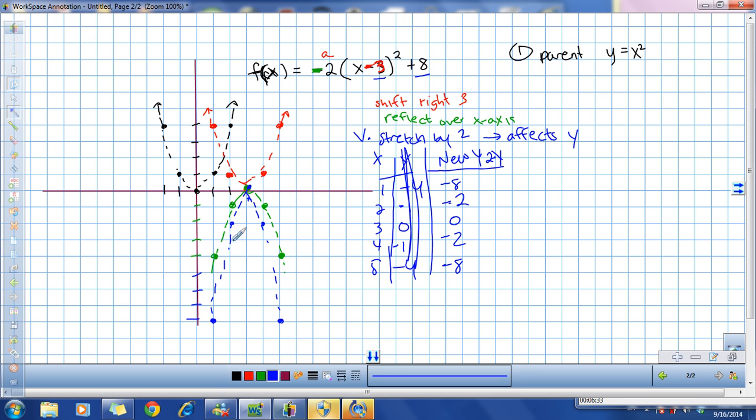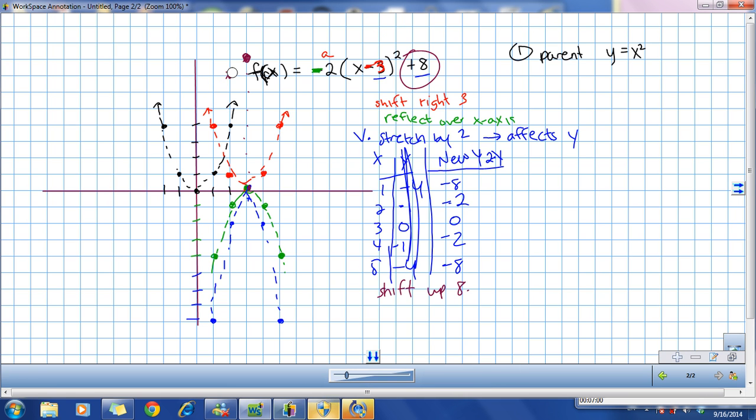And last but not least, my shift up, 8. So from this point, move it up 8. 1, 2, 3, 4, 5, 6, 7, 8. I'm looking at my blue graph.